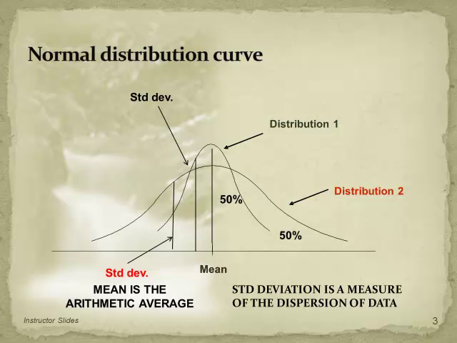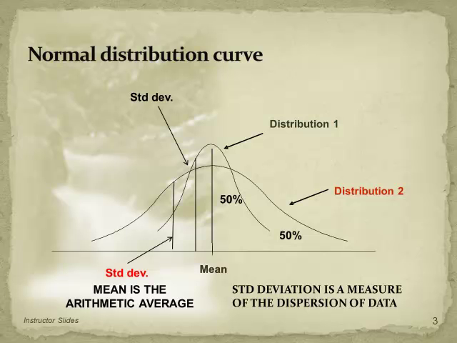Now, what normal distribution curve number 1 and number 2 have in common is that they both have the same mean. So the two primary parameters in the normal distribution curve are the mean and the standard deviation.